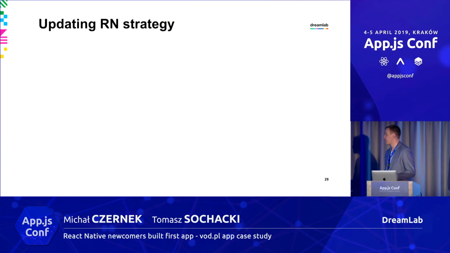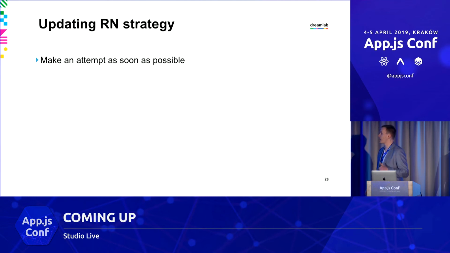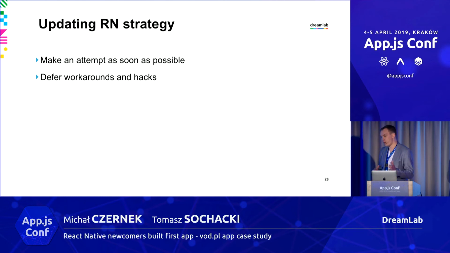So after this situation, we came up with some strategy for how to approach updates in React Native. First of all, we make a first attempt as soon as possible, like the day after the release is there, just to get some idea how much work is required from us. And in our day-to-day development, whenever we face some issue that is in React Native, instead of working around it or hacking it somehow, we just live with it.